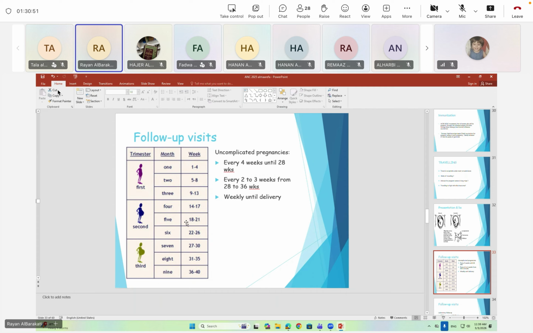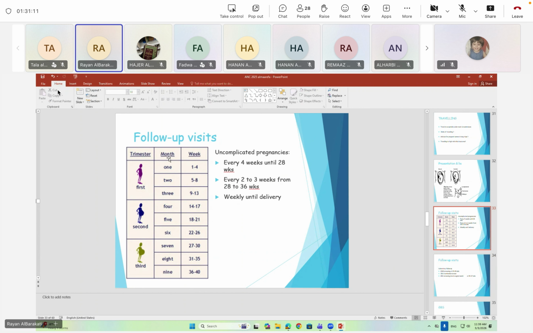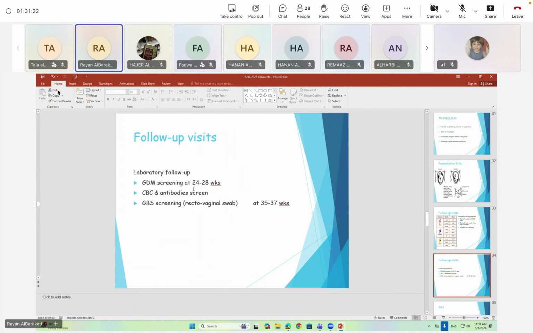This is for a normal 40-week pregnancy. If the patient is beyond 40 weeks, they will need 1 more visit at 41 weeks plus, and delivery should be planned for those patients. So this is the change from the optimum to the minimum visits for a low-risk pregnancy. Of course, this might change for higher-risk or special pregnancies.